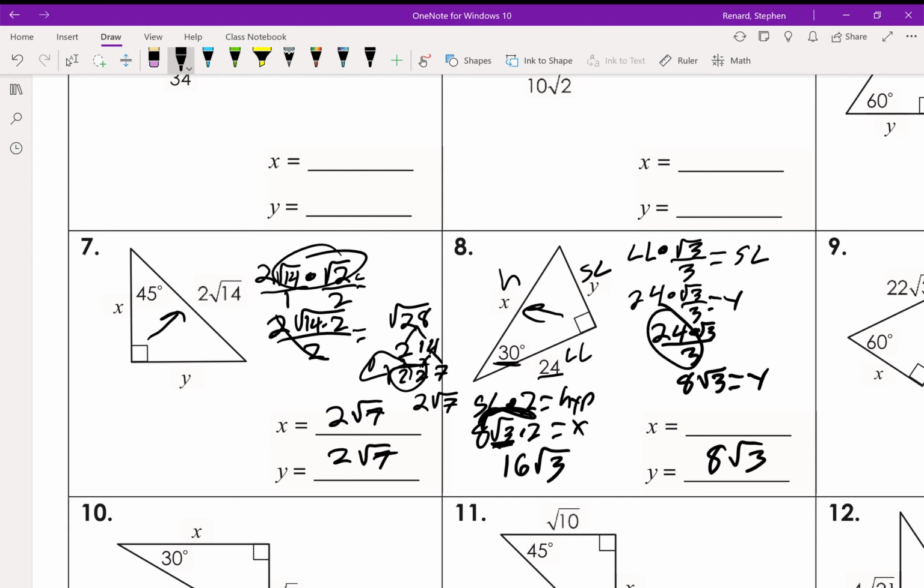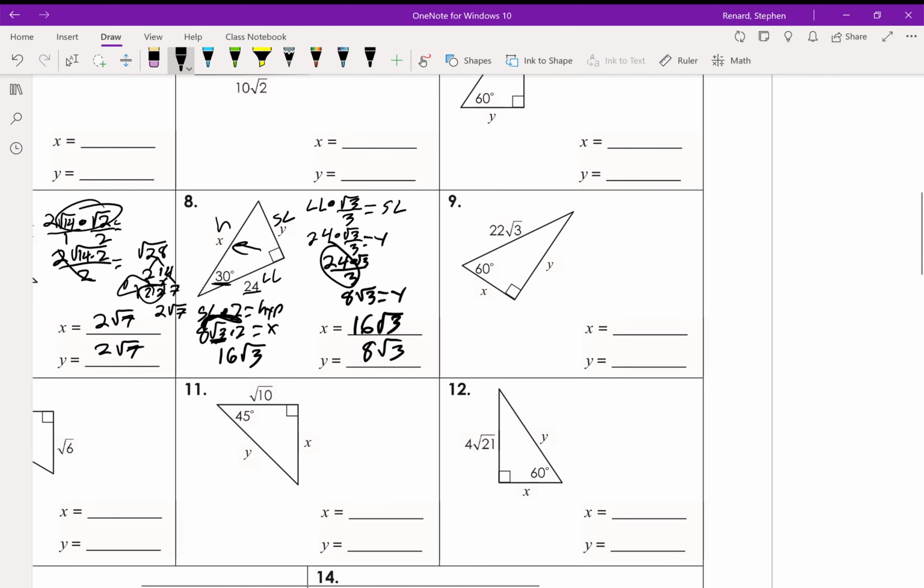And if we had something like 6 radical 2 times 3 radical 3, we could actually multiply those together, and that would be 6 times 3 times the square root of 2 times 3, or 18 radical 6. That's just an example for you. Okay, so anyway, there we go.